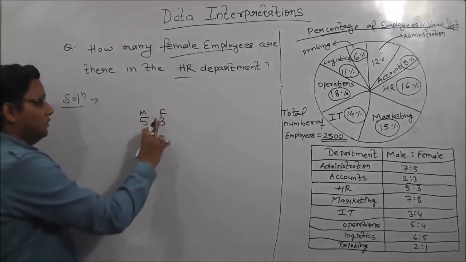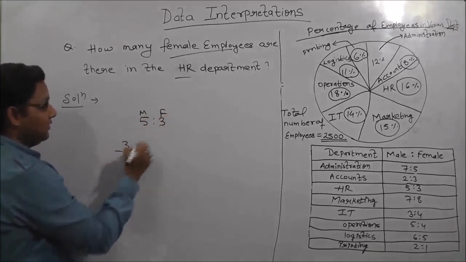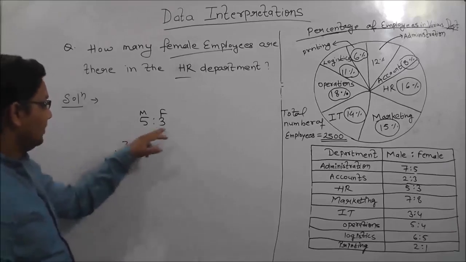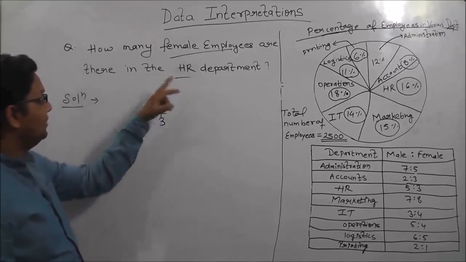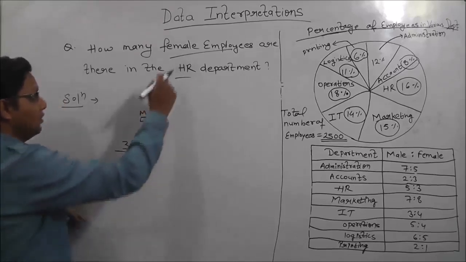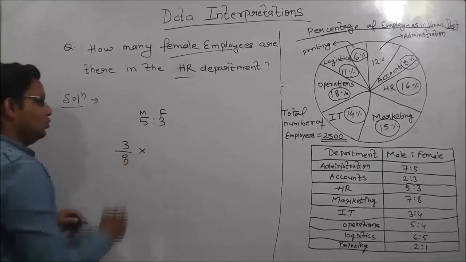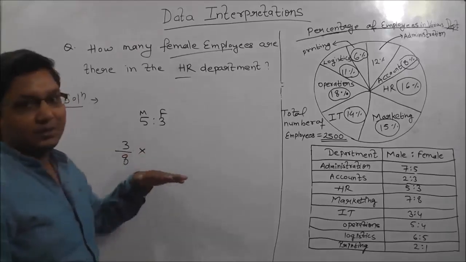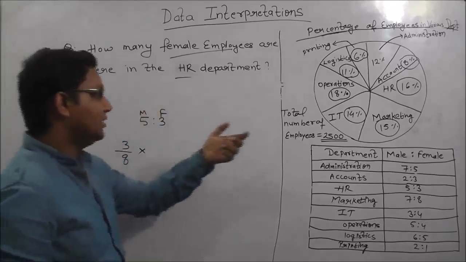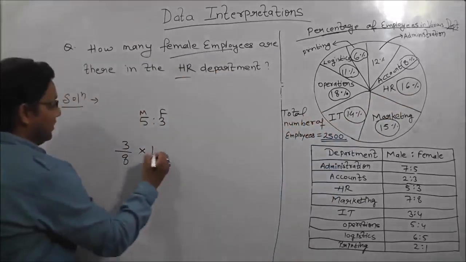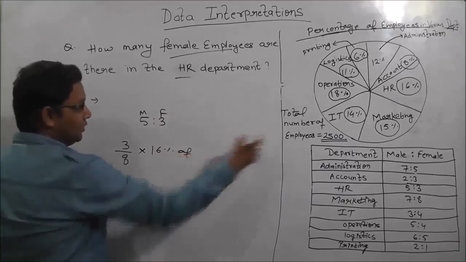So the female part is 3/8, because we have to find the number of female employees, where 5 plus 3 is 8. Now we have to see how many employees are there in the HR department. In the HR department you can see 16% of employees are there. So 16% of 2500.